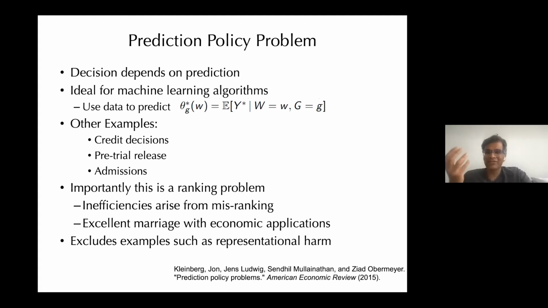There's no decision the Google algorithm is making. It's making a representation of who you get when you search for nurse. It's a different kind of harm, and it's an important kind of harm for a whole category of algorithms. It's not well modeled by what I'm about to tell you, nor do I think it's been well discussed, but I don't know of any good models of this phenomenon. So that's just a caveat.